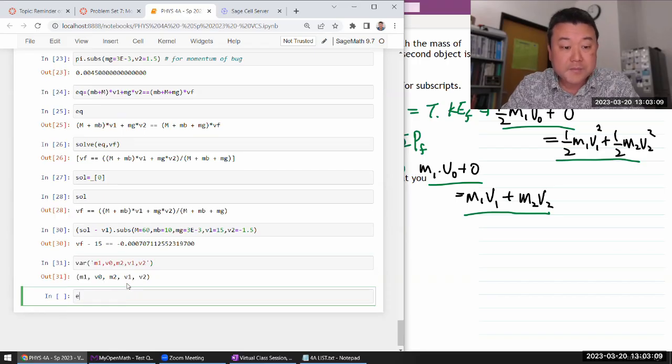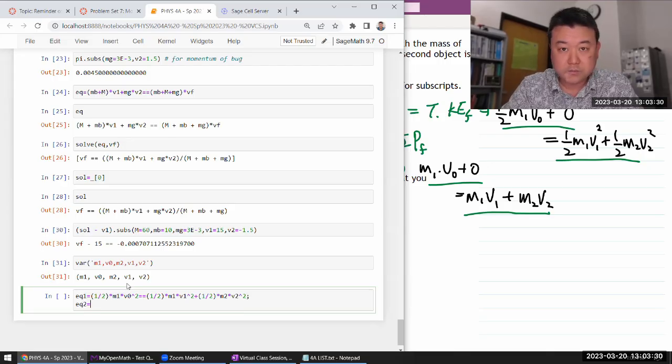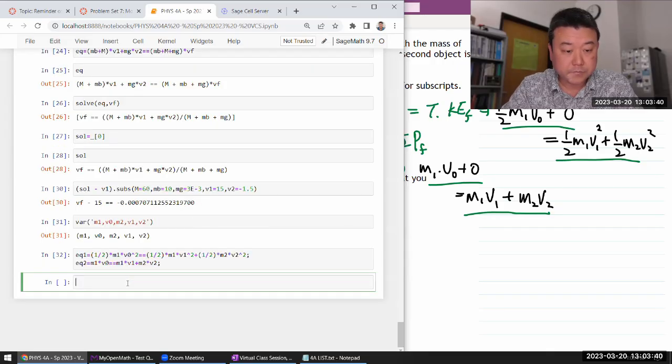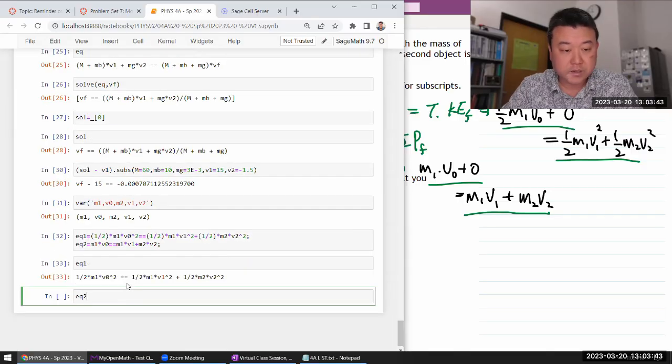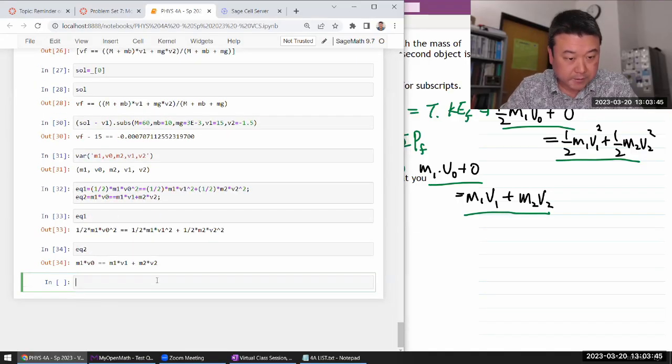Okay, and my equation 1 will be the conservation of energy, which is equal to 1/2 times m1 times v1 squared plus 1/2 times m2 times v2 squared. Okay, and equation 2 will be conservation of momentum: m1 times v0 is equal to m1 times v1 plus m2 times v2.